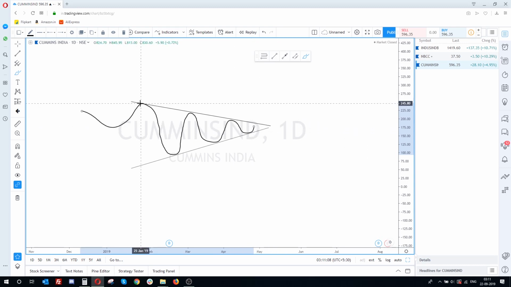So here, what's happening is that the sellers are pushing the price down, right? And again, when the price comes here, the buyers are pushing the price higher. So again the price goes up and takes a resistance here, and again the price goes down and takes a support here.